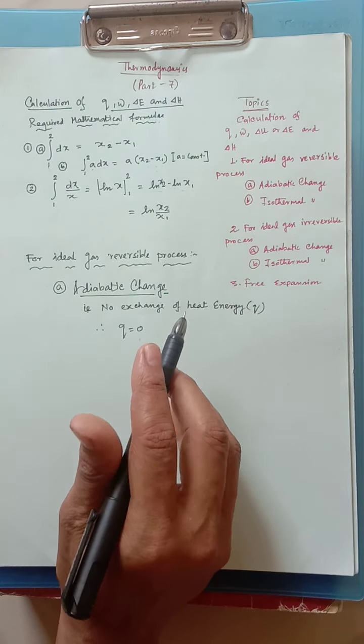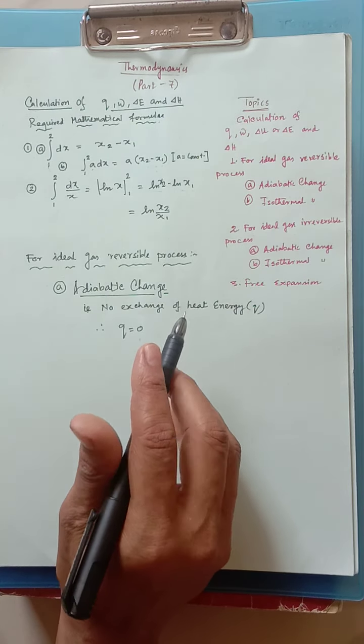Now from equation 1, I have mentioned equation 1, we can write W equals minus dE. Therefore W equals the integration of minus dE from the first state to the second state.